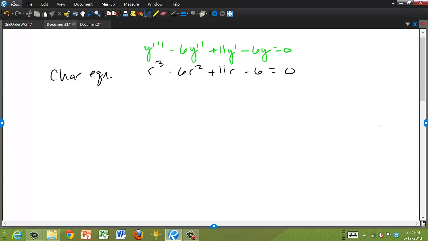Usually the roots will be straightforward. So for example, here you should just guess a couple of easy roots, and I'll always have an easy root in there. Here you can see that 0 is not a root, but if you check, you can see that 1 is a root, because we'd get 1 cubed minus 6 times 1 squared plus 11 minus 6, and that is indeed equal to 0. So 1 is a root.